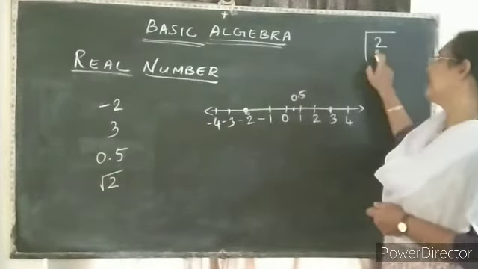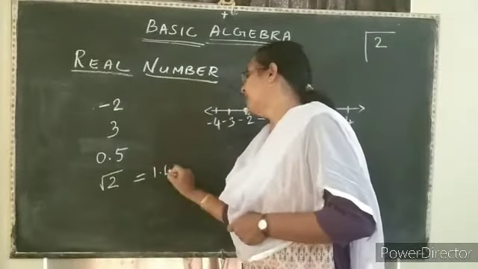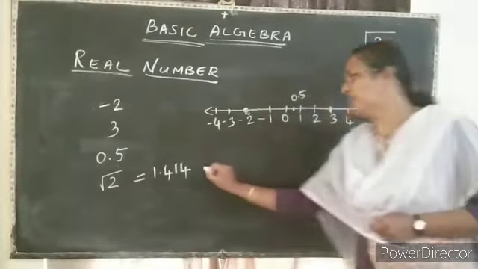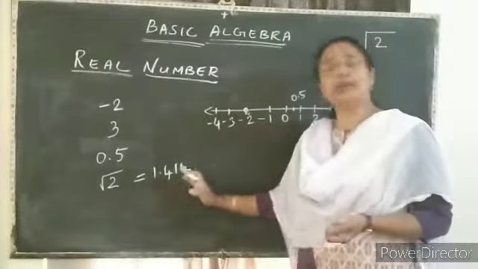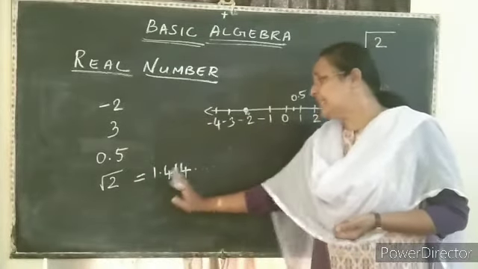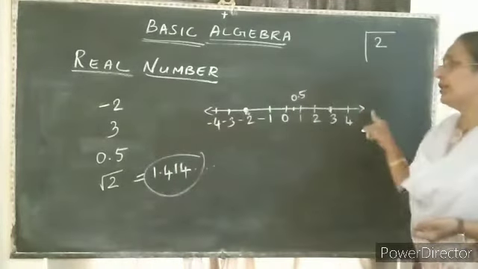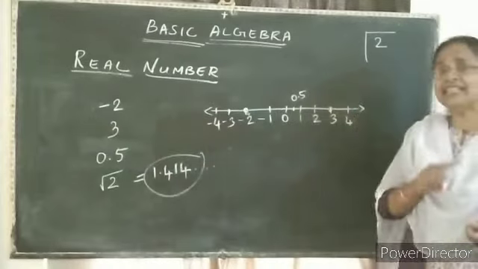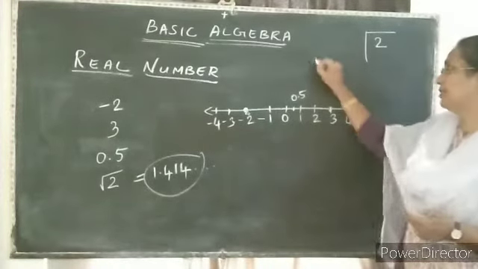Now the square root of 2 is 1.414. It goes on, of course. We stop with 1.414. Now this 1.414 can also be plotted on the line. In your 9th standard, I hope you will remember, you have plotted the point √2.